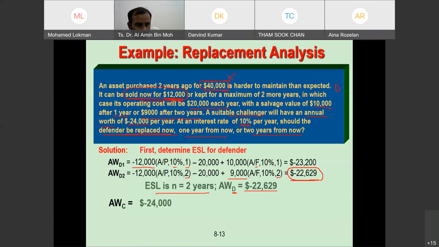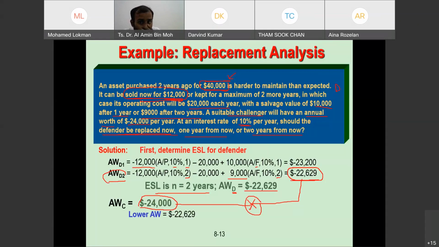Which one is the lowest, challenger or defender? This or this? Defender, the lowest. So we are going to say the lower AW is this one.